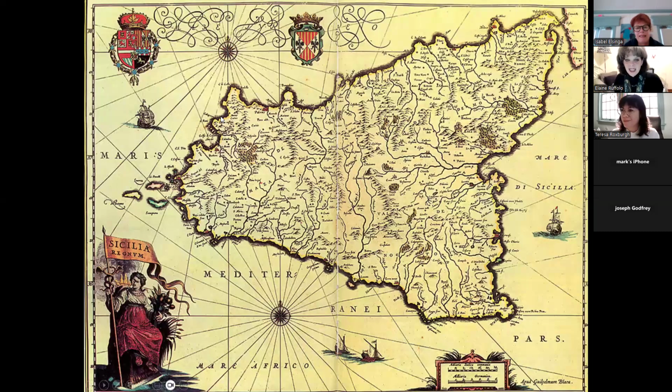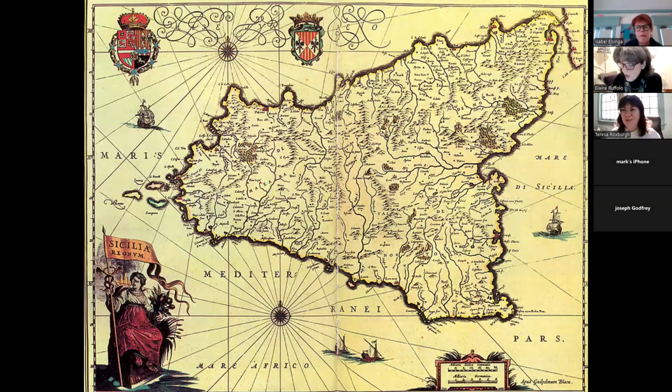And here is the island. And just to state the obvious, I have to go pretty fast because I've got a lot of history to cover. But to state the obvious, Sicily is an island off the southern coast of Italy.